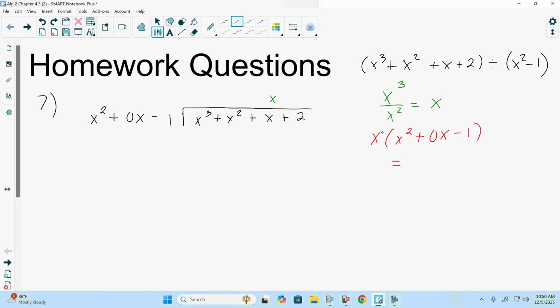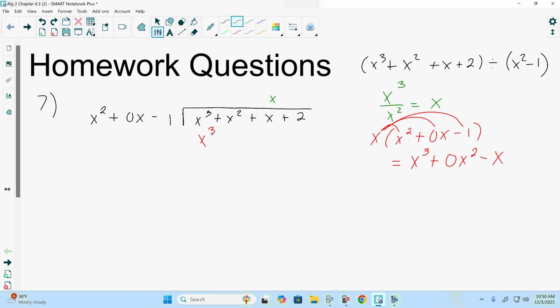So we're multiplying x by our x squared plus 0x minus 1. Well, x times x squared is x cubed. X times 0x, well, it's still going to be 0, but our x times x is x squared. So realistically, that would be 0, but we're still leaving it as 0x squared, just so it holds that spot, so we know when we're combining like terms.